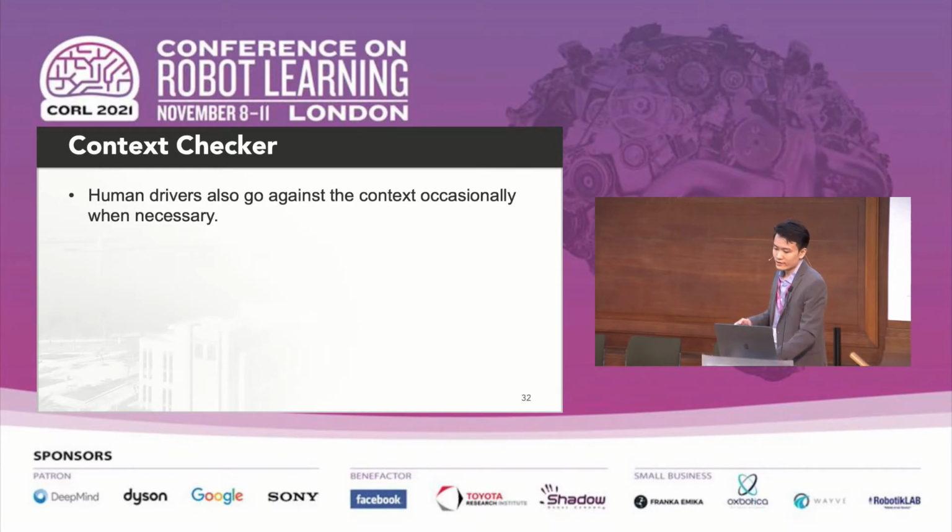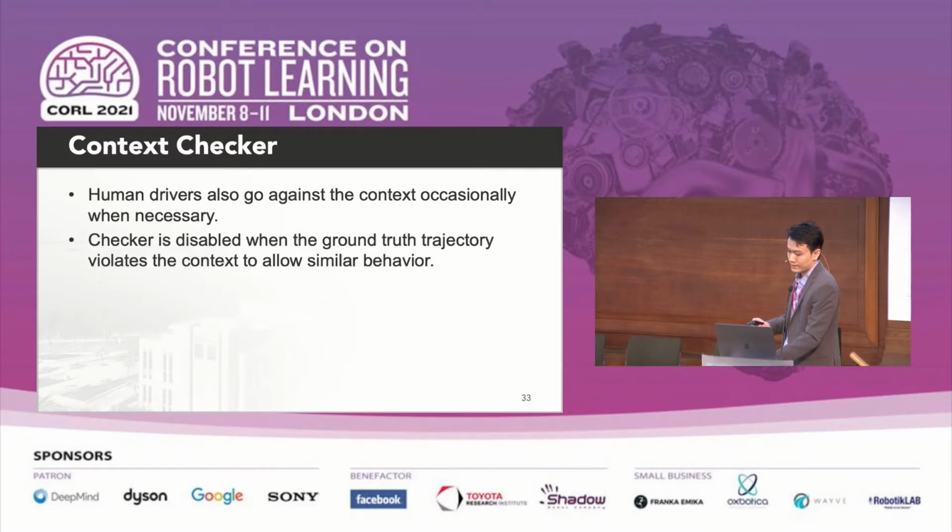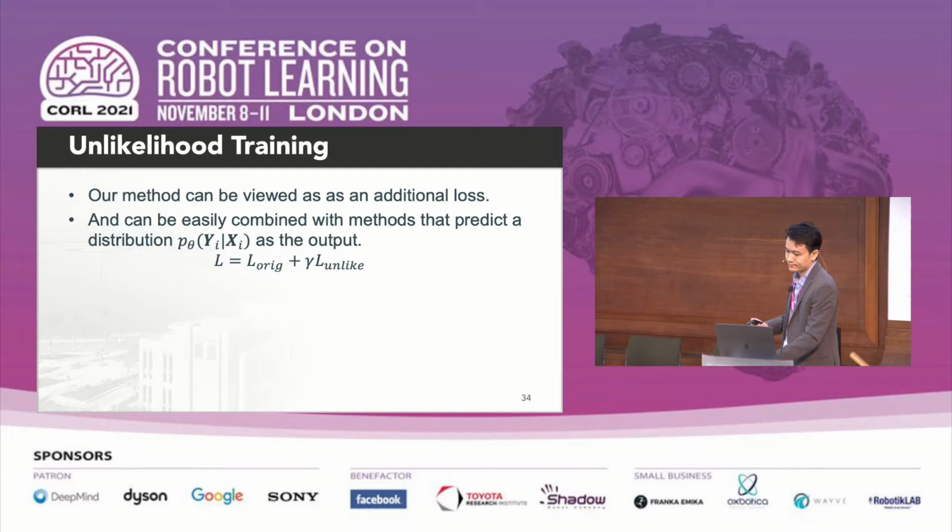In addition, human drivers also go against the context occasionally. It's 5% of the ground truth in the nuScenes dataset, and 1% of the ground truth in the other dataset, Argoverse, also go out of the driving region or to a lane with the wrong direction. To allow similar behavior when necessary, we disable the checker when the ground truth trajectory violates the context.